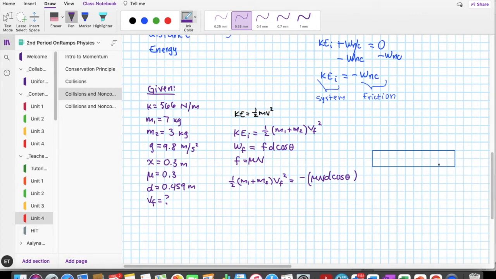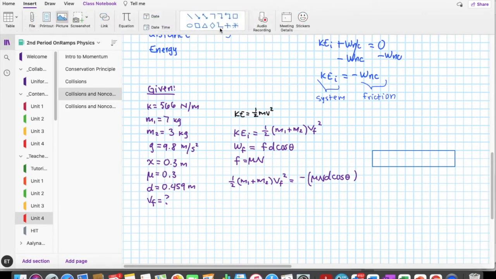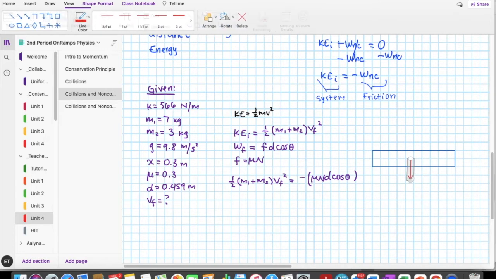Then there's friction, the force of friction. But we are going to start with the weight of the system. So maybe the center of mass is here, about, right? Yeah, I think this is good.